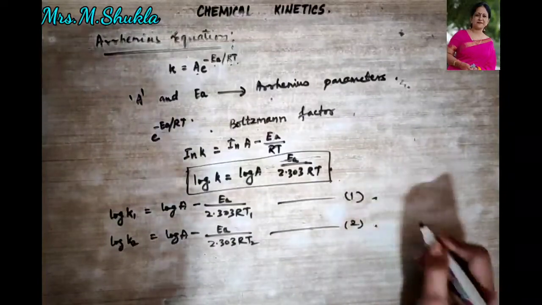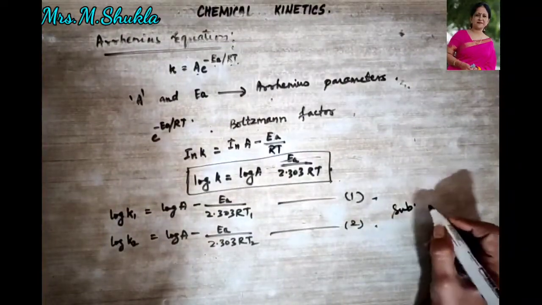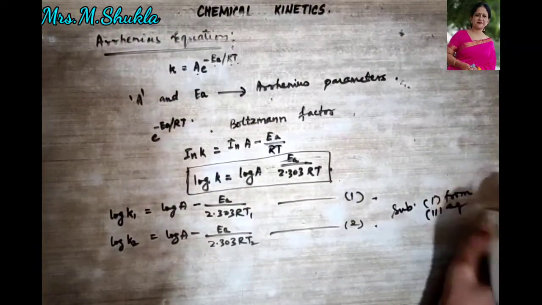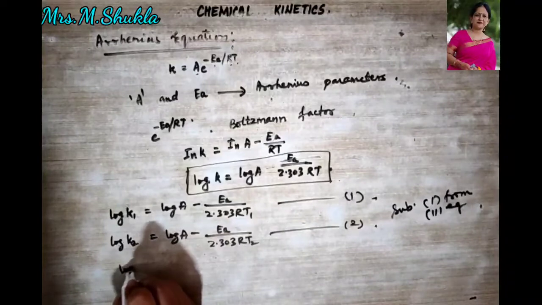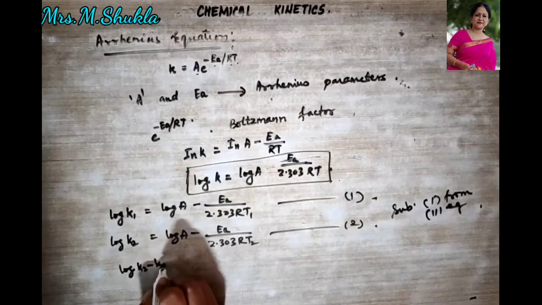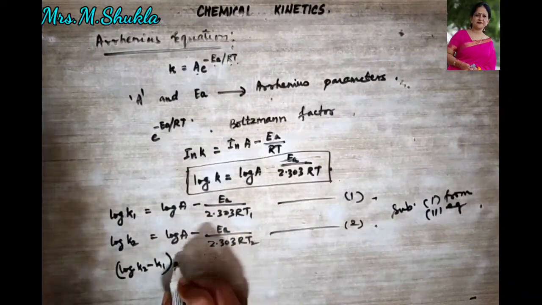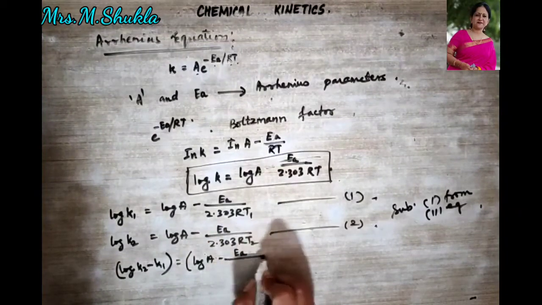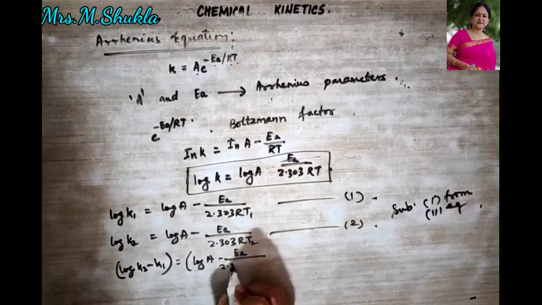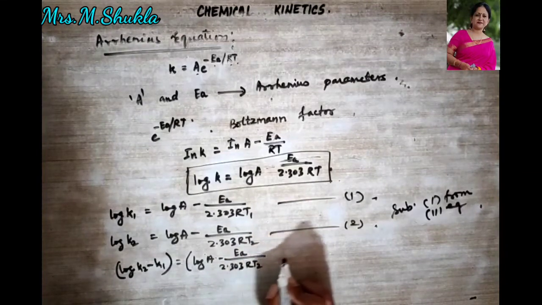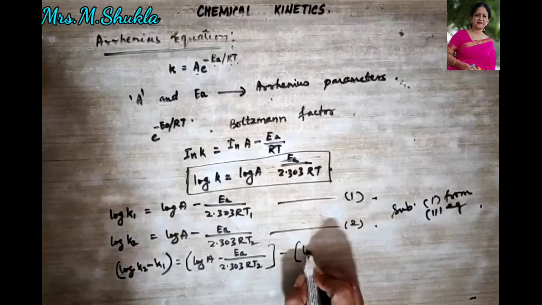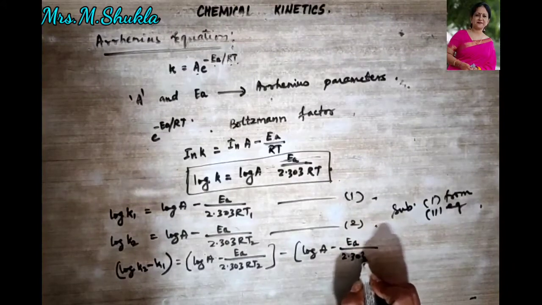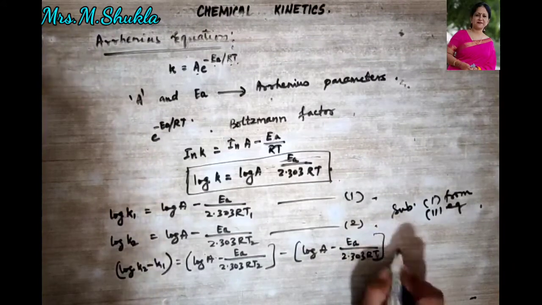Now if we subtract, subtracting your first from your second equation, then what do we get? We get over here log K2 minus log K1 is equal to log A minus activation energy upon 2.303 RT2, minus log A minus activation energy upon 2.303 RT1, right?